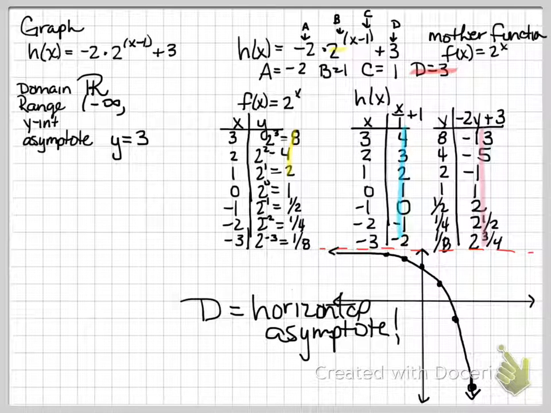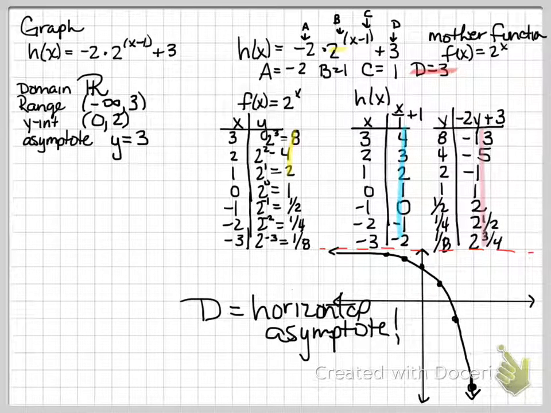Now it's not going to hit the 3, so we keep that in a parentheses. And my y-intercept, if it wasn't on my graph, all I would have to do is put 0 in for x, just like you normally would do. But I can see that it's at 0, 2. Okay. That is the first example.